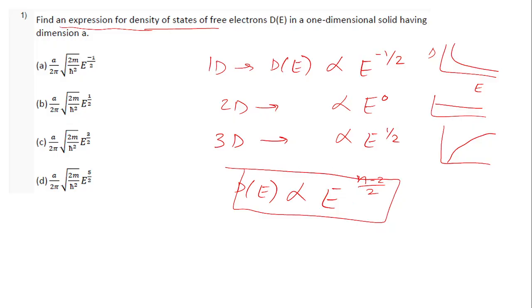If it's 1D, then 1 minus 2, minus 1 by 2. If it's 2D, then 2 minus 2, 0. If it's 3D, then 3 minus 2, 1 by 2. So here for 1D, the correct answer is that the dependence will be E to the power minus half.